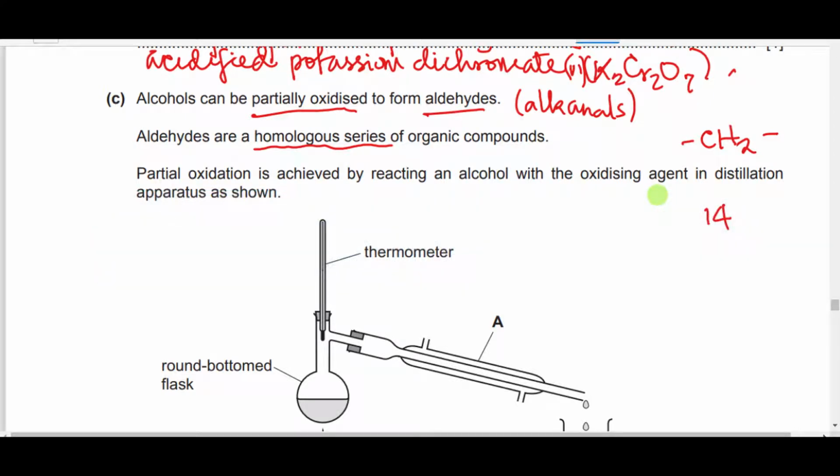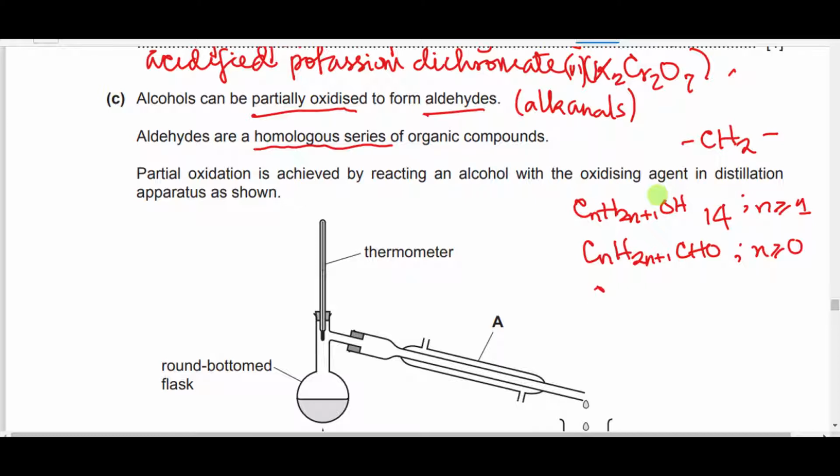Now, the common features of a homologous series: they have a general formula, like the alkanols, CnH2n+1OH, where n is greater or equal to 1. The alkanals, CnH2n+1CHO, where n is greater or equal to 0, meaning for the first member, n will be 0.